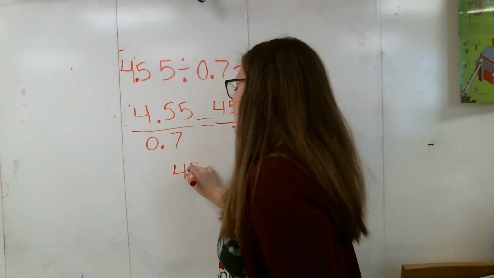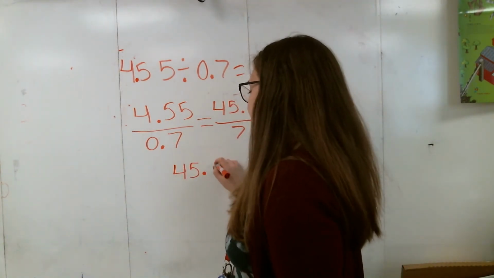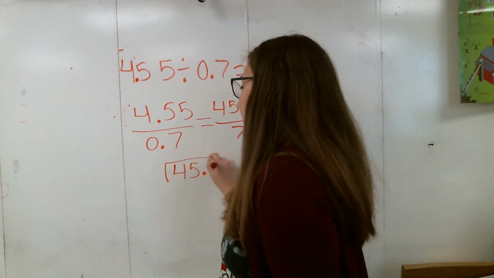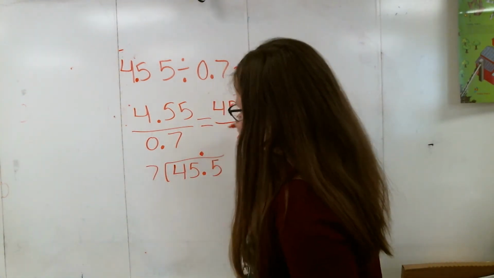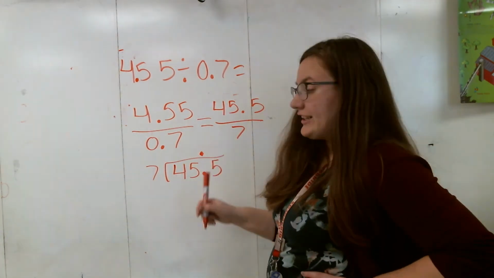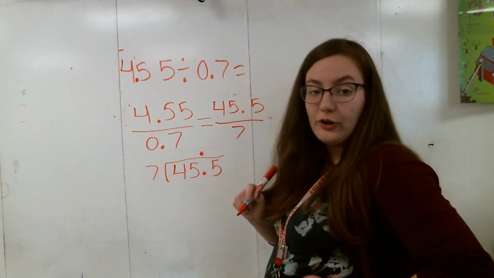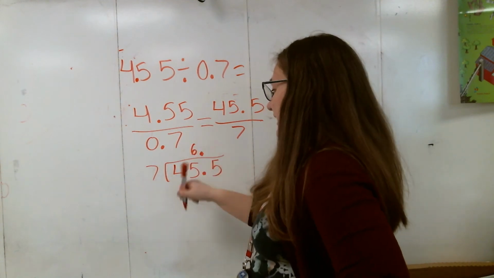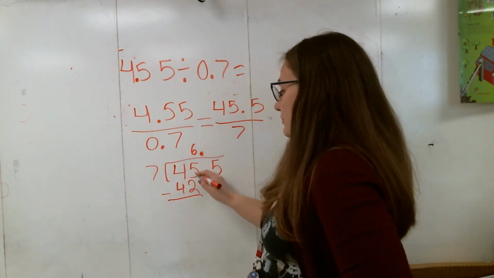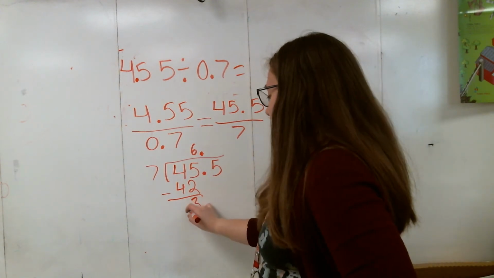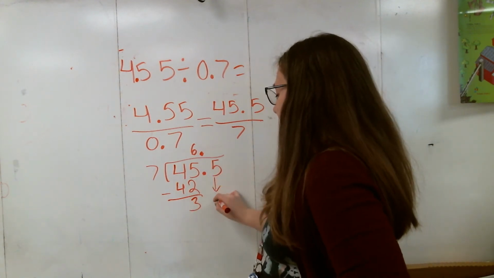Now, when I set up my standard algorithm, remember, it's fine to have that decimal in there. It's just going to be a little bit different. So I'm going to bring that decimal up, and I'm going to start solving just like I did before. So 7 goes into 45 six times. 7 times 6 is 42. Then I'm going to subtract, which is going to give me 3. And then I'm going to bring down this 5.